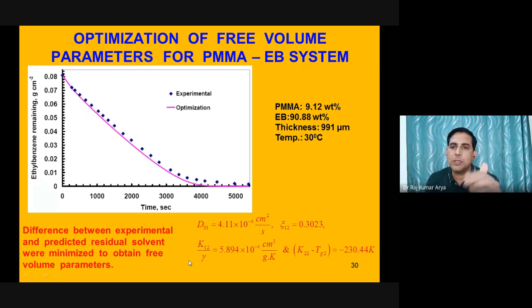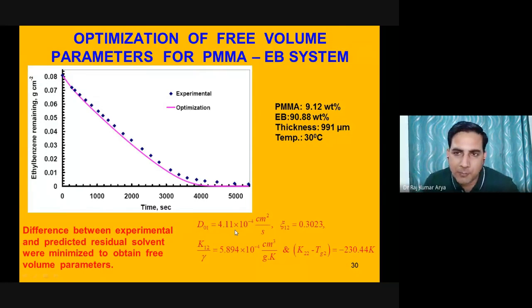What you do now is try to fix one parameter and optimize the other 3. That needs regression analysis again and again. This is one of the optimizations we do, and everybody who does computation work also does it. So these are the optimized parameters for the PMMA ethyl benzene system.